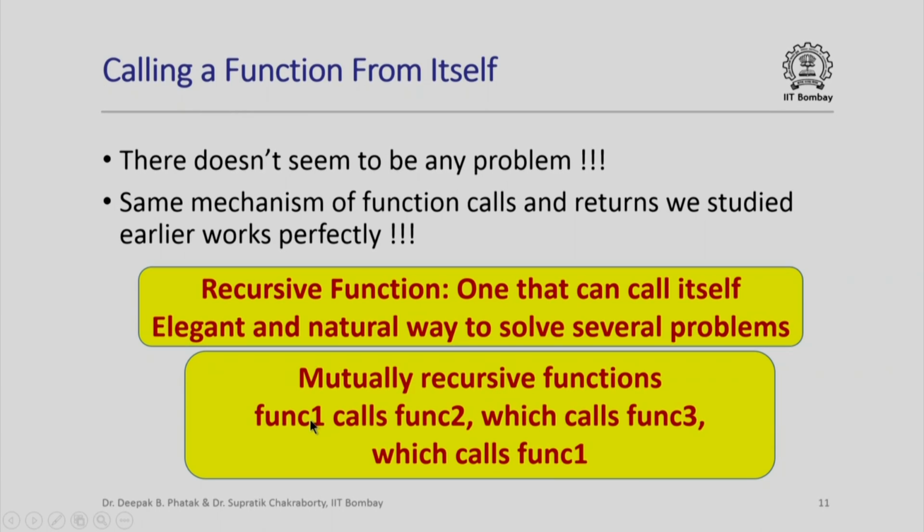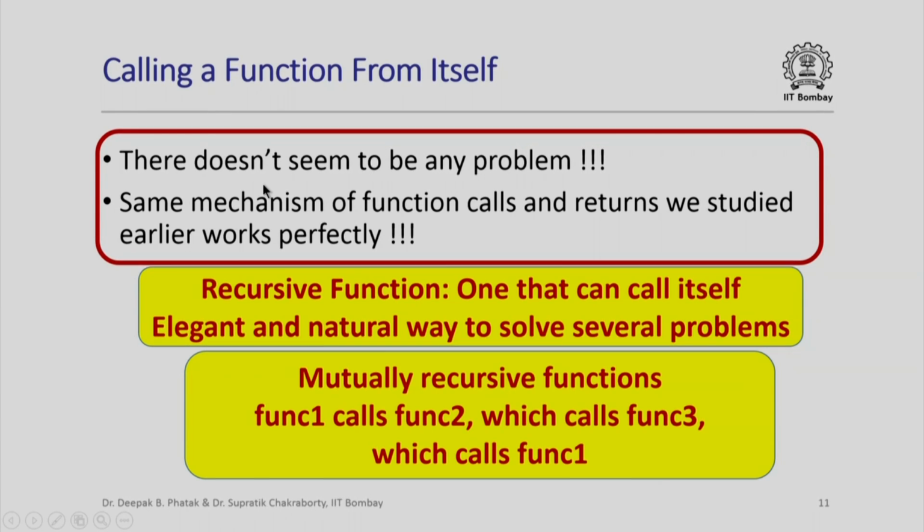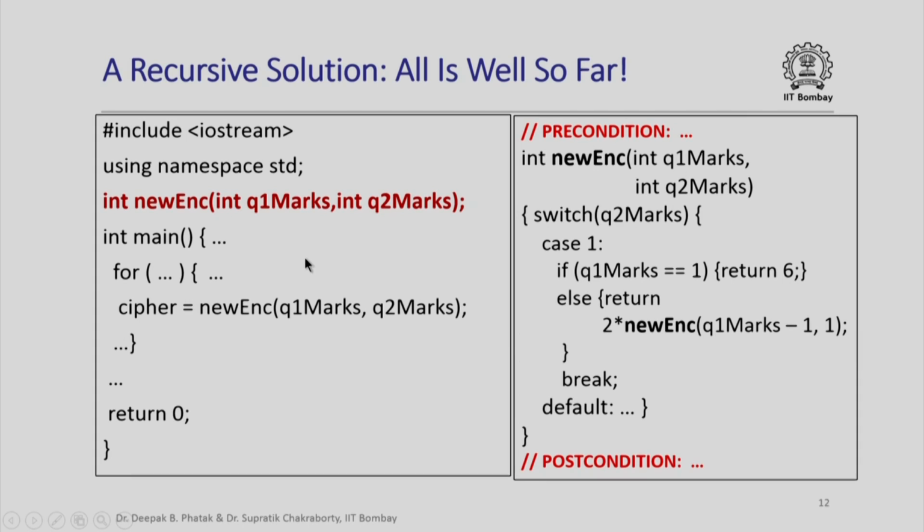Eventually each function gets called from itself through this cycle. But even in this case, our mechanism of using activation records, pushing and popping them onto the call stack seems to work perfectly well, and there is really no problem. So we could also have mutually recursive functions in our programs. So since this is fine, we know that everything is going to work fine.